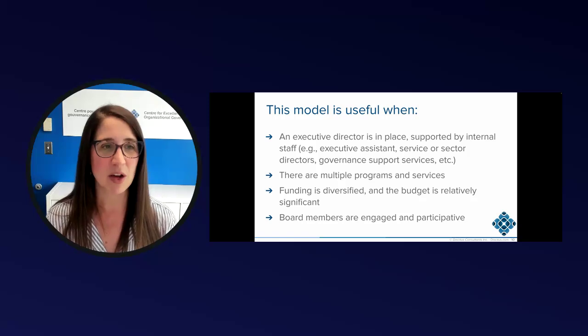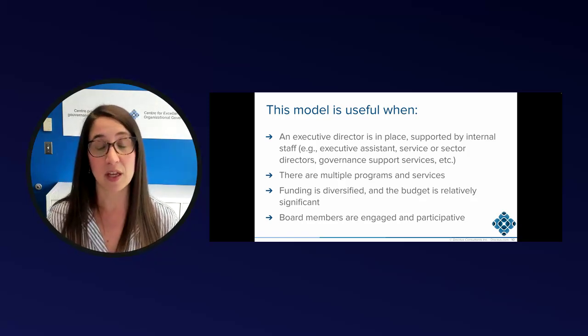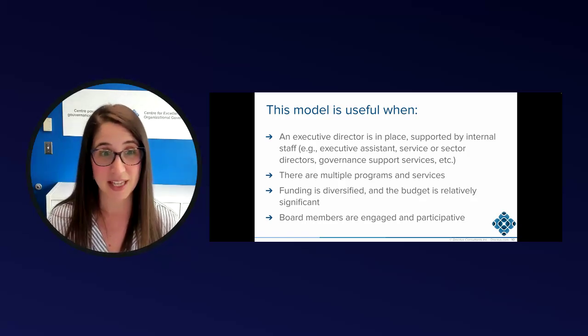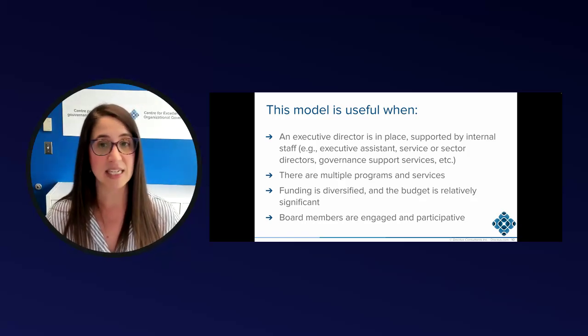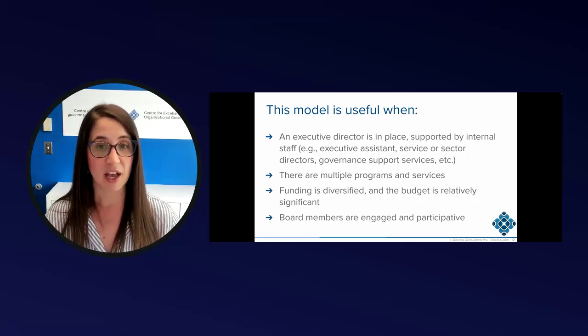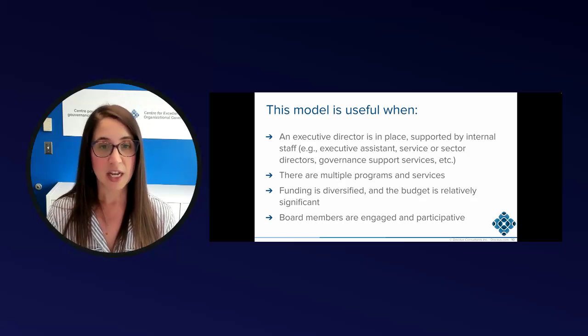So this governance model is useful when an executive director is in place. It's useful when this executive director is supported by internal staff, for example, an executive assistant, service or sector directors, governance support services, and things of that nature.